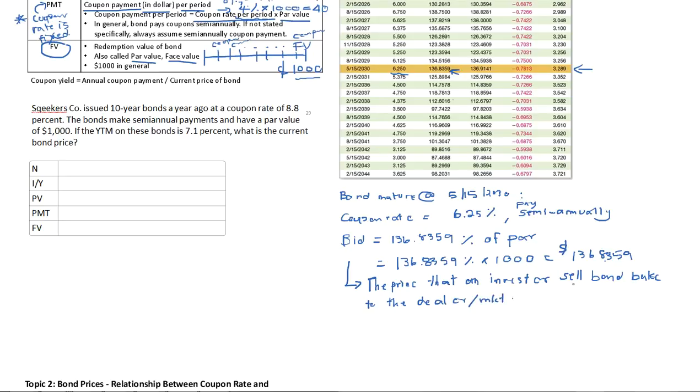So if you're holding a bond now and you want to sell it today, that will be the price you get for each bond: $1,368.36. Now we come to what is called ask, which I already mentioned is the PV for the investor. The ask price is quoted as a percent of par.